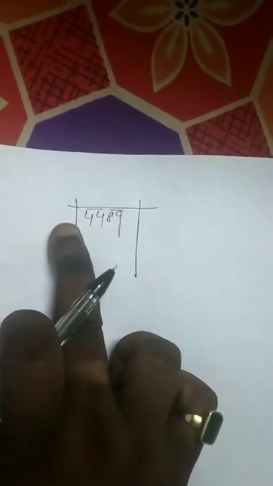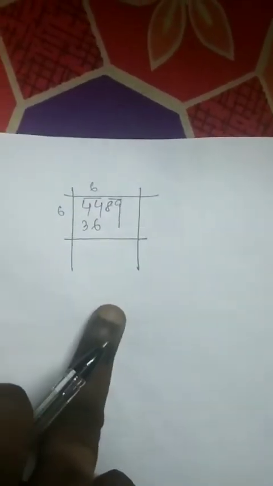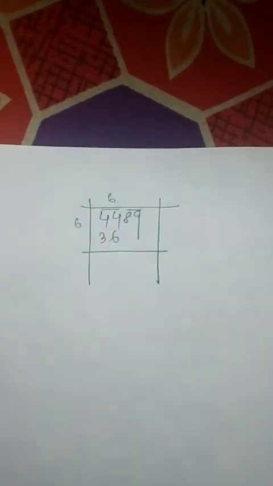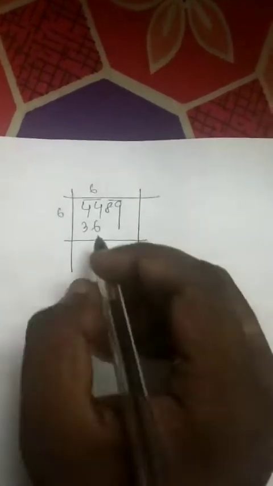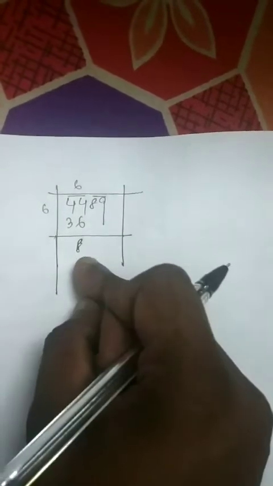I have to take 6. 6 6s are 36. So 44 minus 36 is 8.